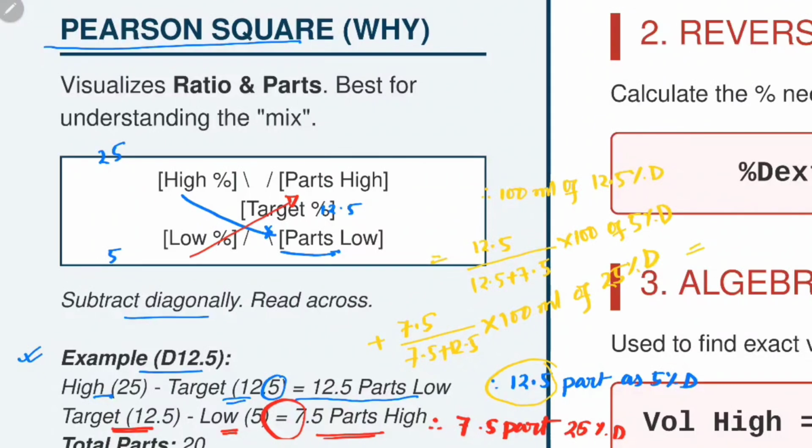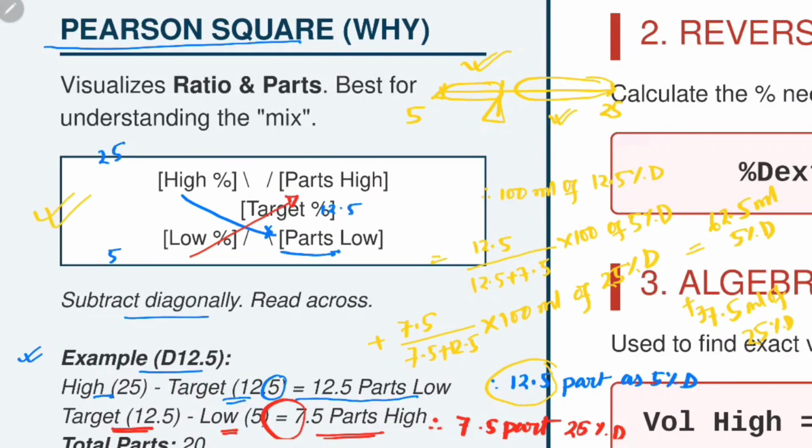Showing our actual formula as calculated previously: 62.5 ml of 5% dextrose plus 37.5 ml of 25% dextrose. It is all the seesaw we created previously: the higher concentration, the lower concentration, and mix. This is the actual Pearson Square formula. It is easier to remember, and you can create all mixes from this formula.